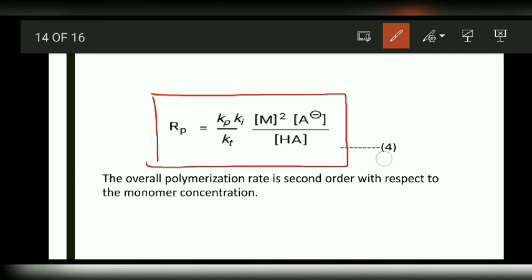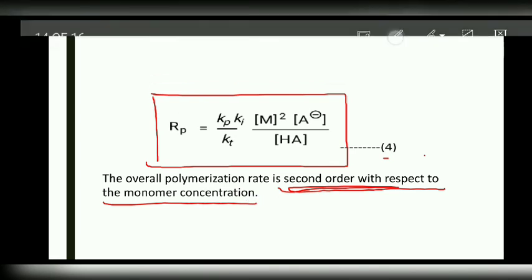So call this equation number 4. And what we can conclude from this is the overall polymerization rate, that is Rp, is second order with respect to the monomer concentration. Fine.